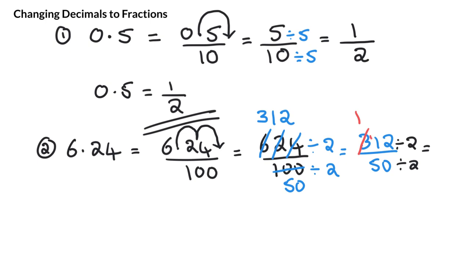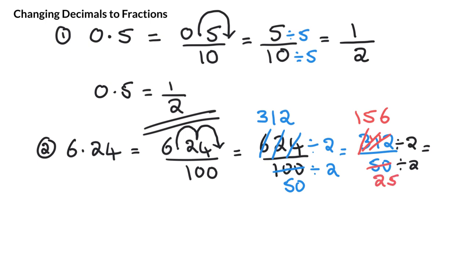I give it to the next digit. It has become 11. 2 5 times is 10. 1 is remaining. I give it to the 2. It has become 12. 2 6 times is 12. So 312 divided by 2 is 156. And of course 50 divided by 2 is 25.